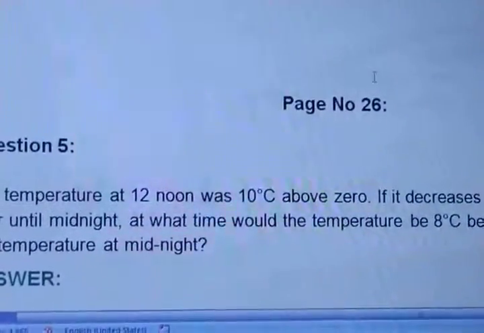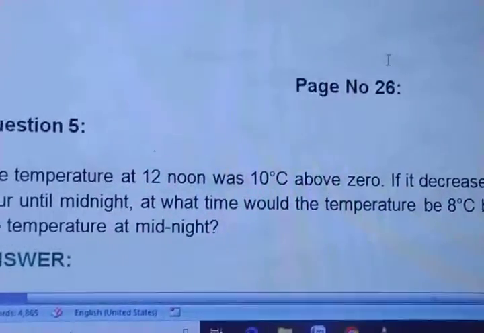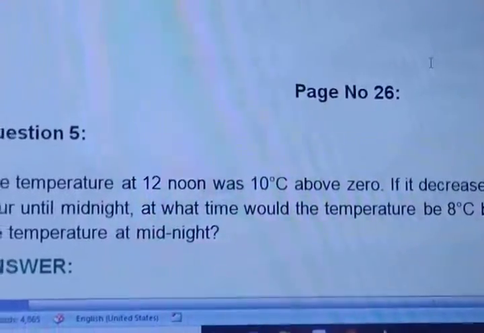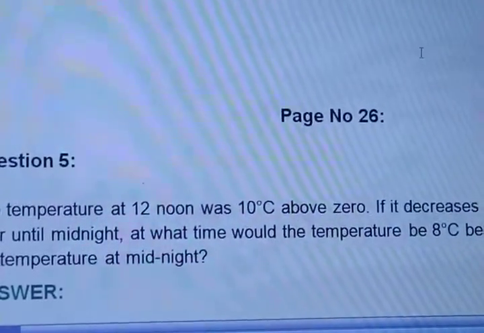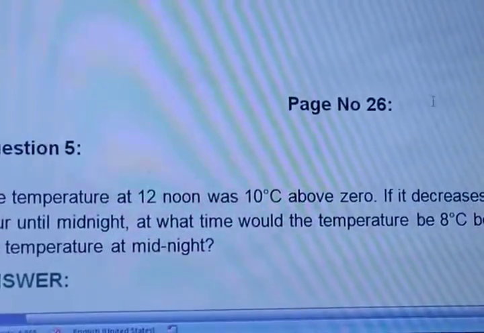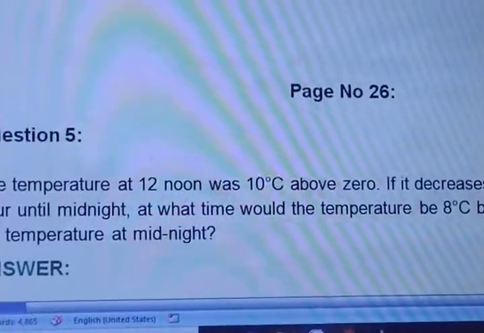First of all, the temperature was 10 degrees Celsius above zero, means positive integers, and the rate of 2 degrees Celsius means it decreases at the rate of 2 degrees Celsius. You can write the question in your notebook if you want to write them.